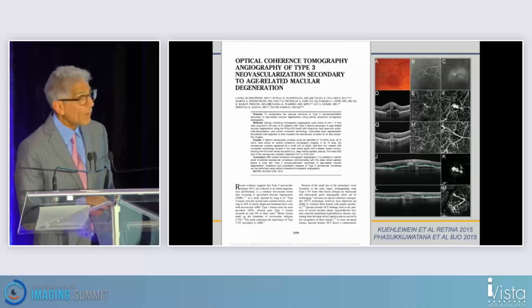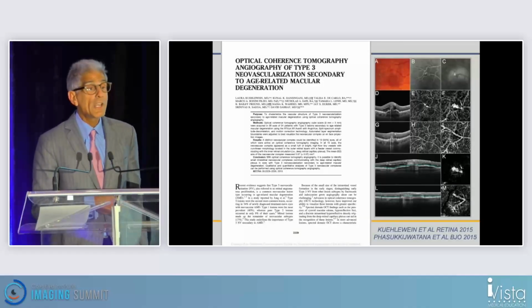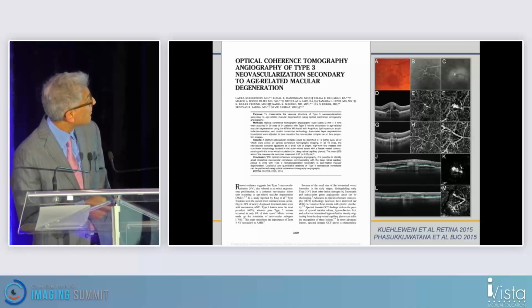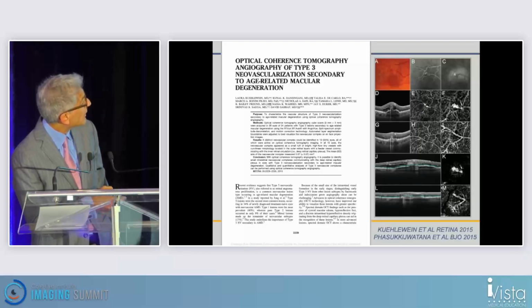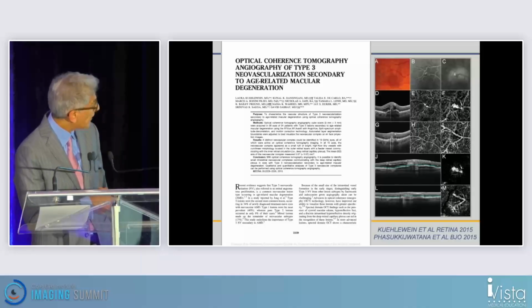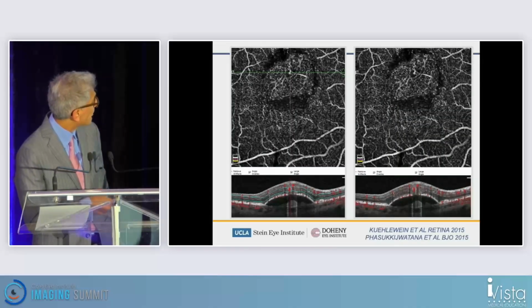With the advent of OCTA, we were able to appreciate that these RAP lesions do indeed originate from the deep capillary plexus. When you segment at the level of the middle retina or at the level of the deep retinal capillary plexus, you can capture these intraretinal neovascular membranes or these RAP lesions very readily. And here's an example of one of those cases.